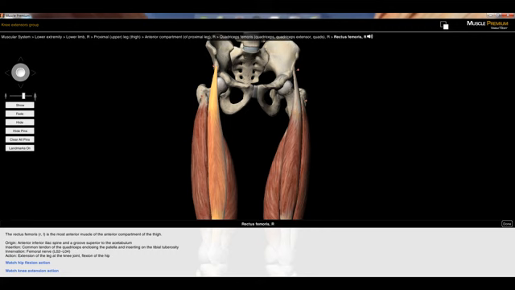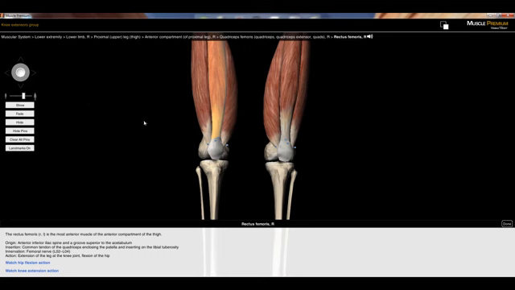And then it courses down; it's a bipennate muscle, and you can see the central tendon with the fibers oriented obliquely. It comes down and attaches into the superior pole of the patellar tendon, ultimately inserting into the tibial tuberosity via the quadriceps tendon or the patellar tendon.